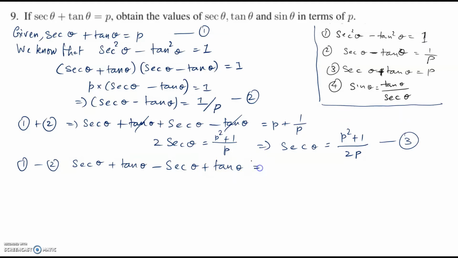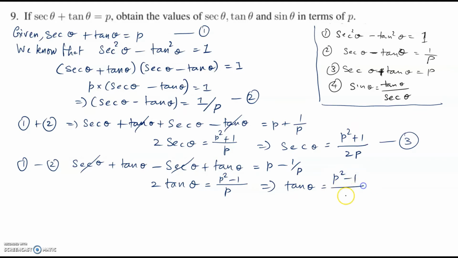So this is equal to our P on the right hand side, and here it is minus 1 by P. So further you can see that our secant theta and minus secant theta will get cancelled. So you're left with 2 tan theta is equal to, taking a common denominator P, P squared minus 1. This implies that our tan theta is equal to P squared minus 1 divided by 2P. So this can be our number 4.